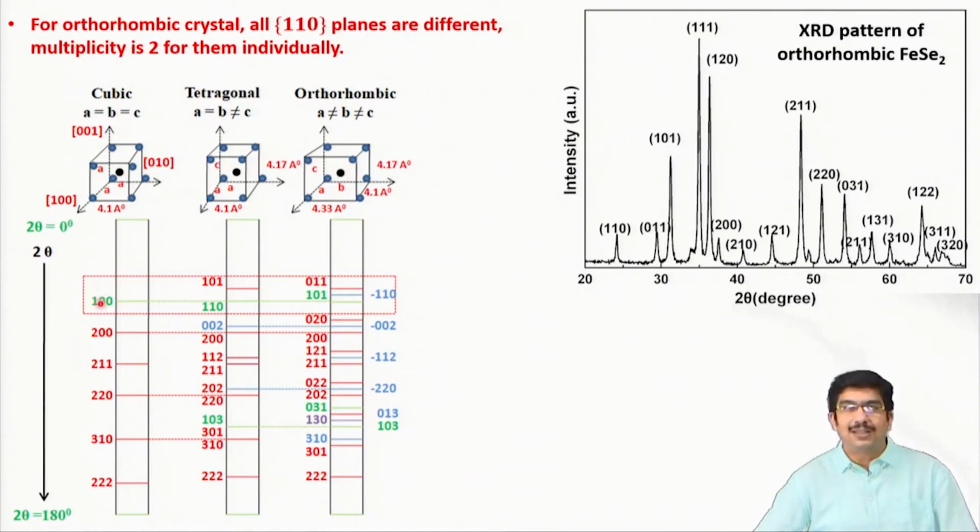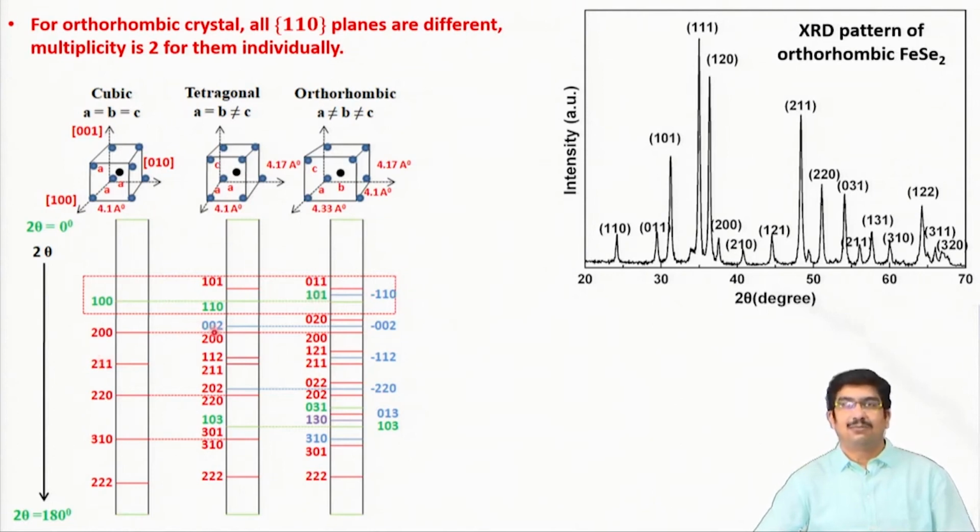For the 100 plane itself, in a cubic system all 6 are the same, whereas for the tetragonal system you have completely different types of 101 and 110 planes, and if you go to orthorhombic, you have all 3 different types. The 100 planes are completely different.